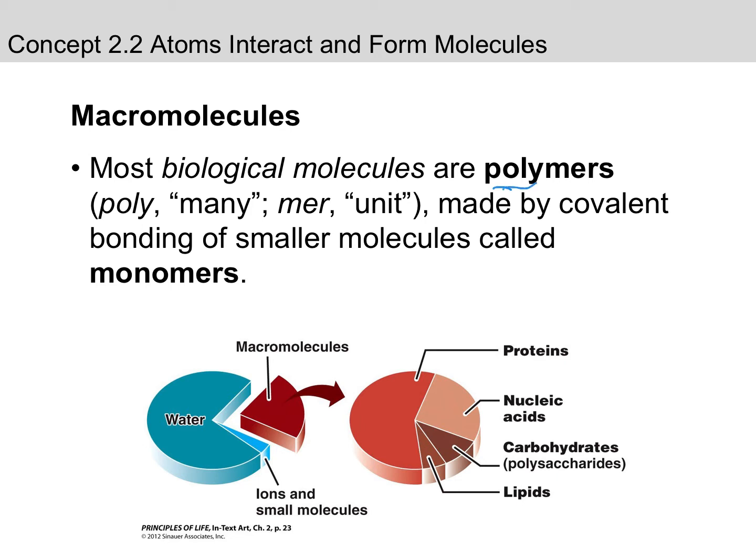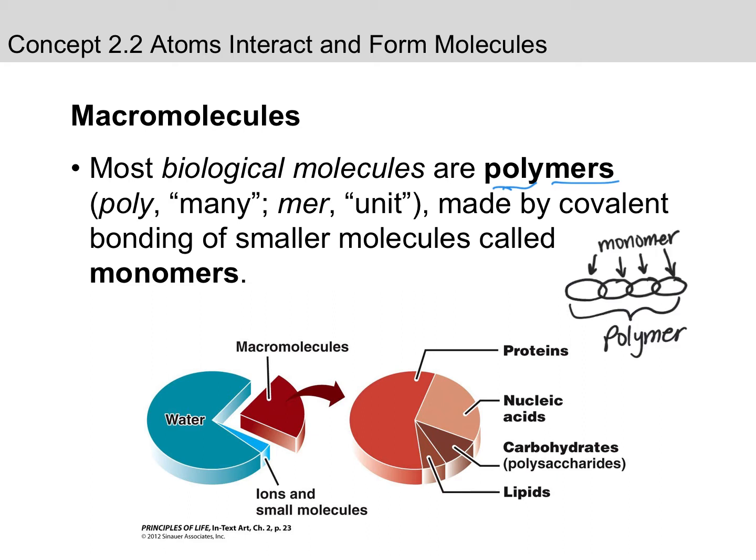Poly means many, and mer means unit. So a polymer is literally many units. And they're usually held together by covalent bonds of the smaller molecule called monomers. So you can think of this like the links in a chain, where a single link would be called a monomer, but when we put several of them together, it is referred to as a polymer.